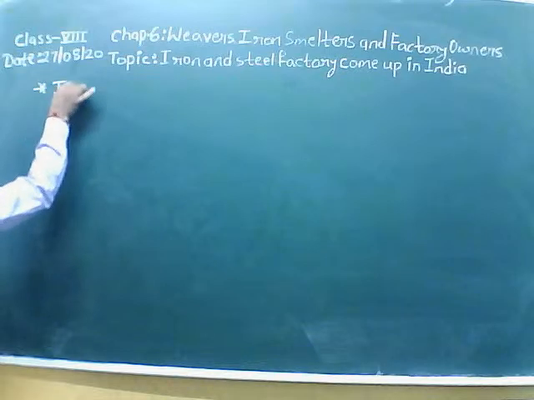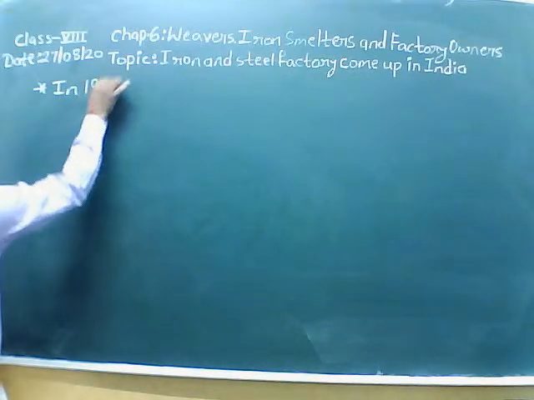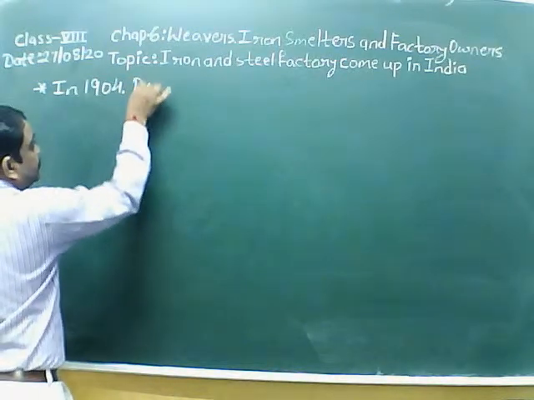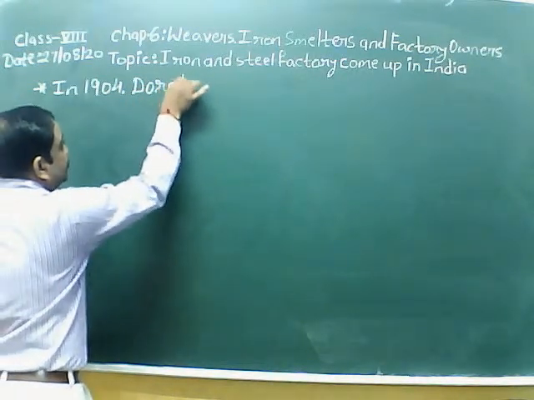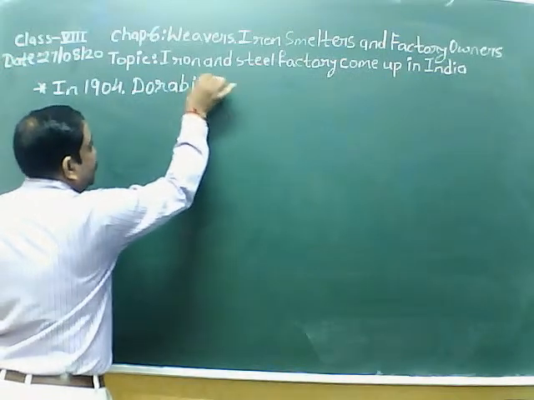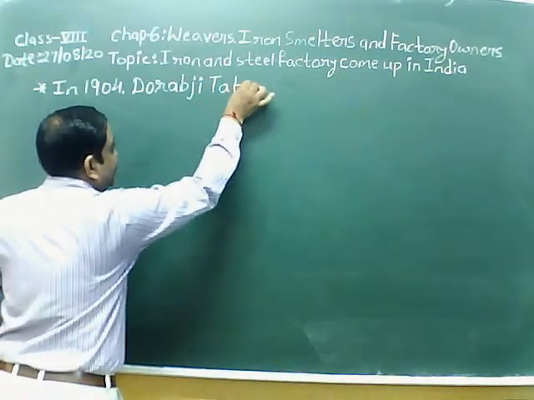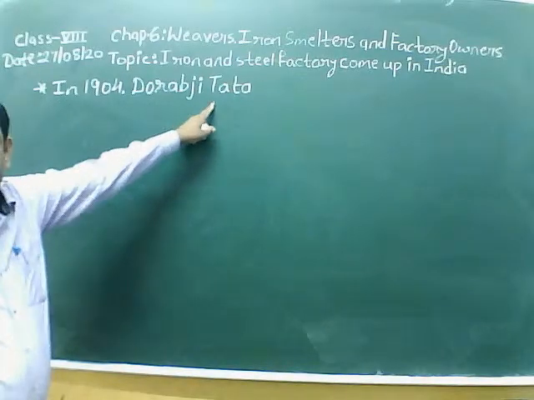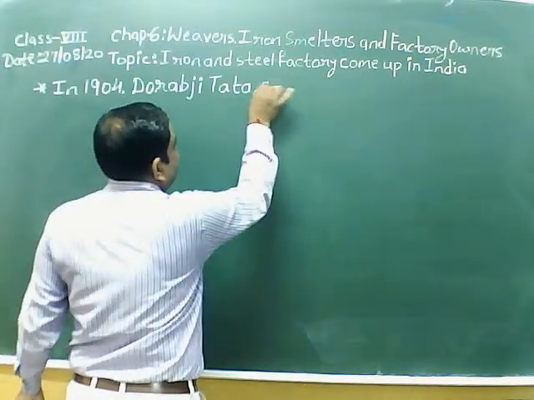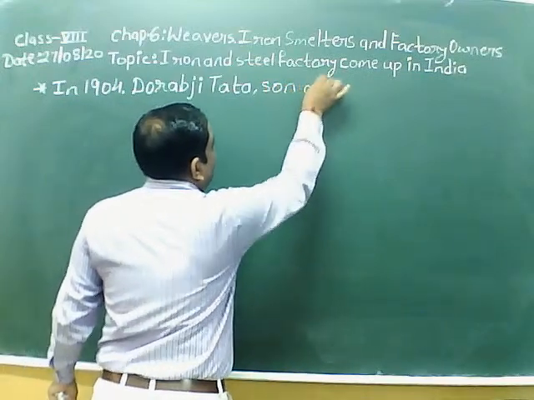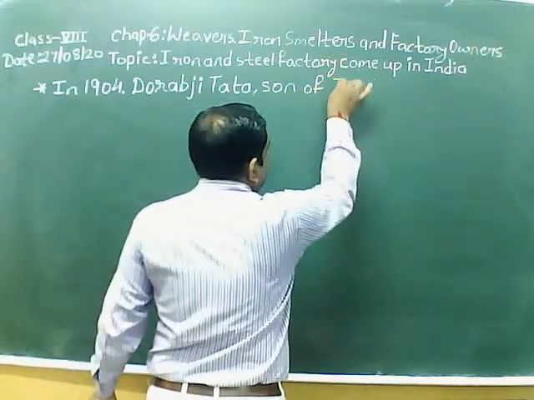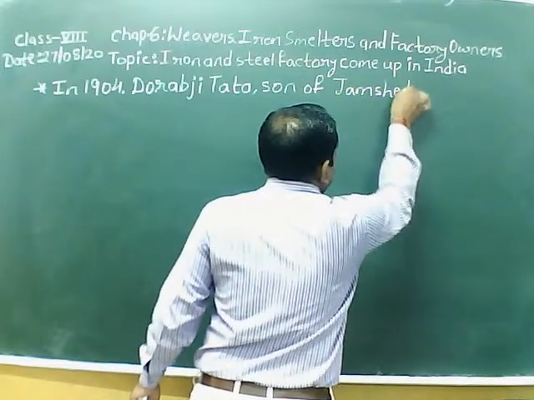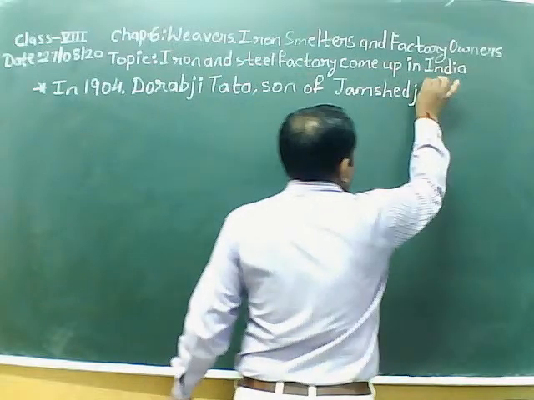In 1904, Dorabji Tata, son of Jamshedji Tata.